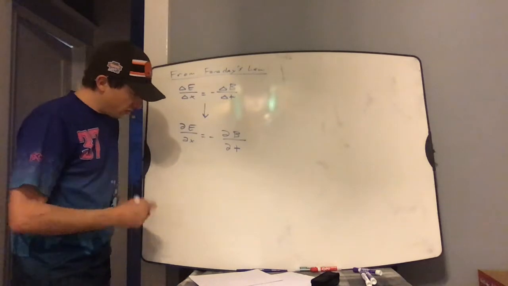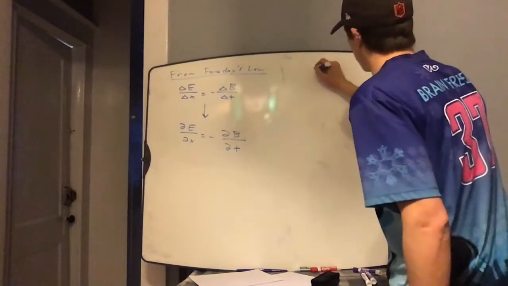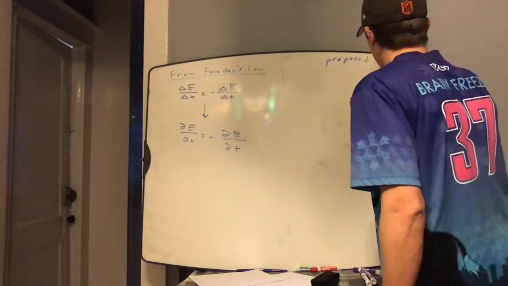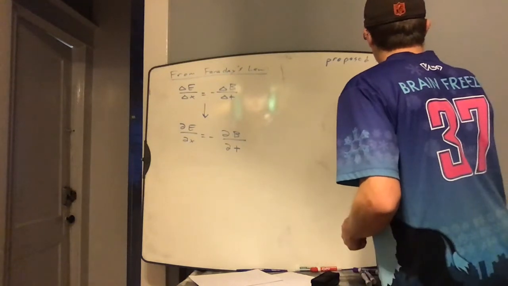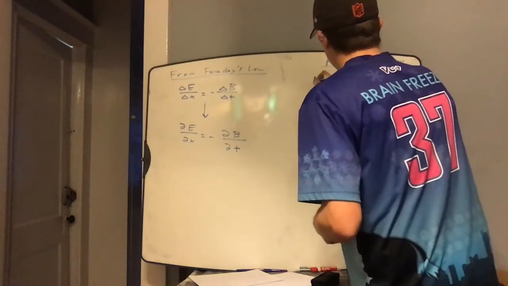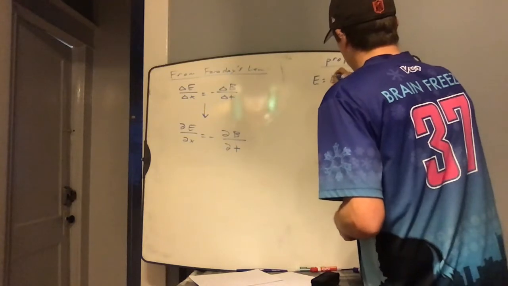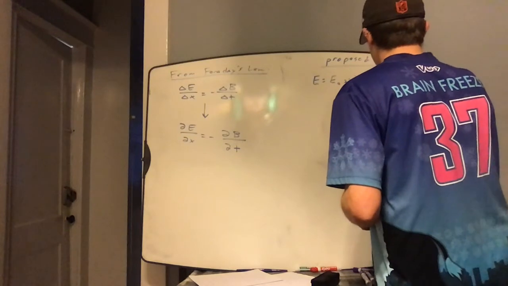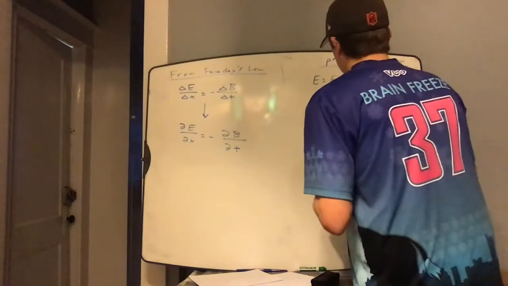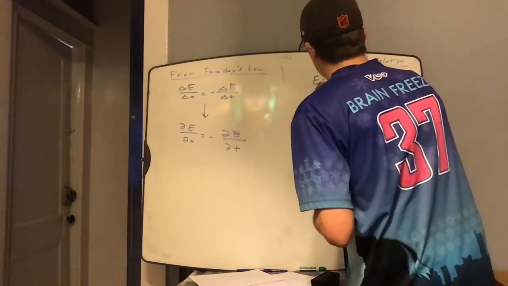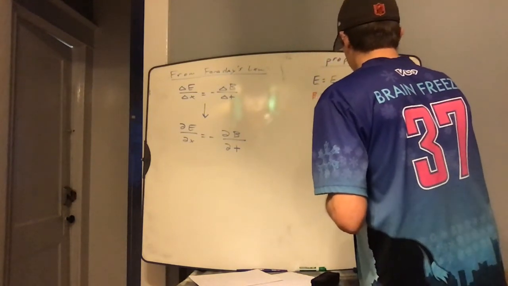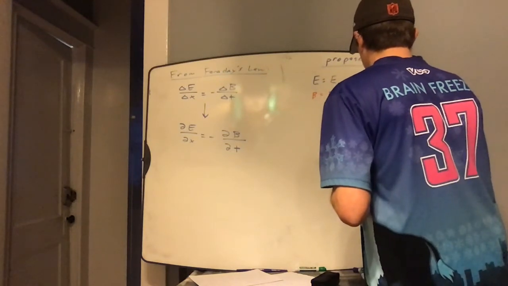So I'm going to propose that the solution to this equation, the proposed solution, is E is equal to E naught sine kx minus omega t, and B, the magnetic field, is equal to B naught sine kx minus omega t.